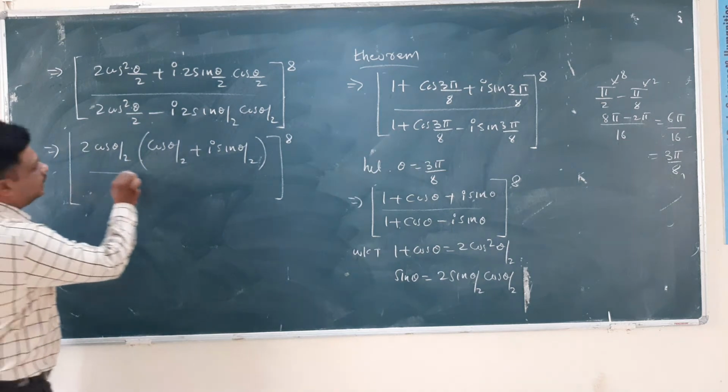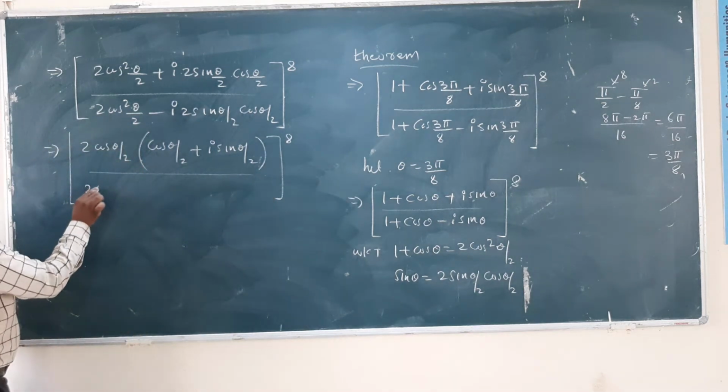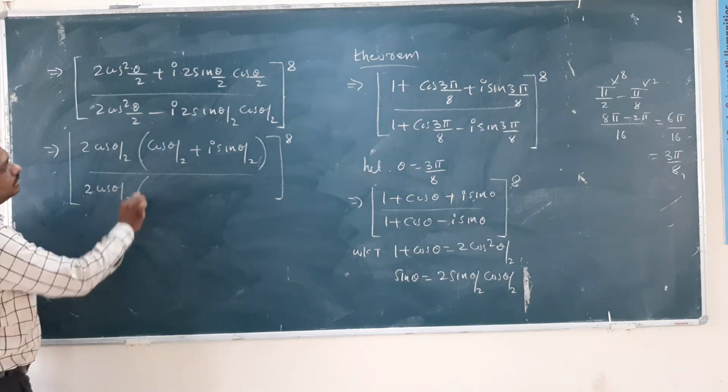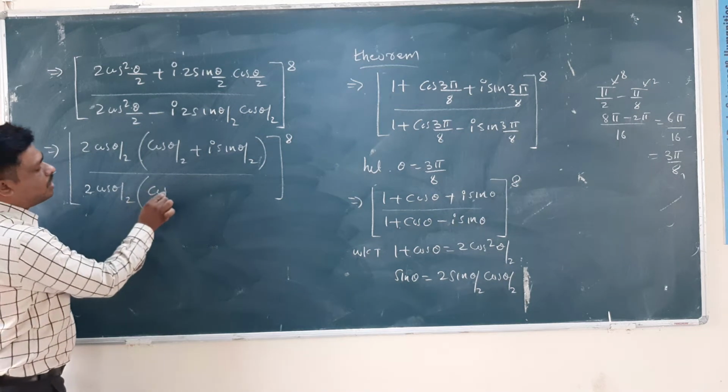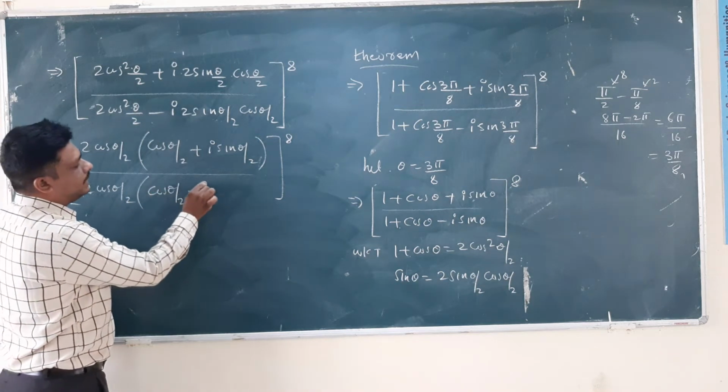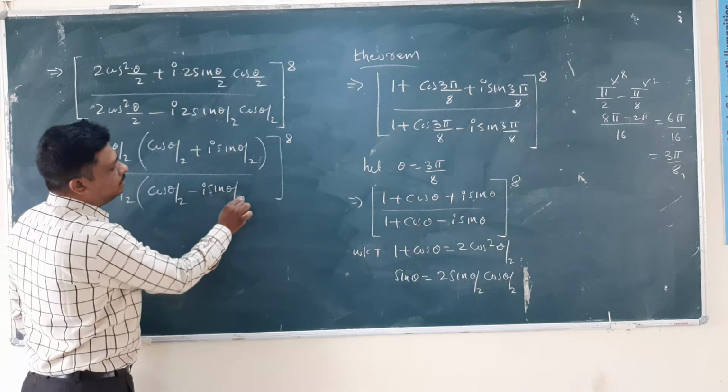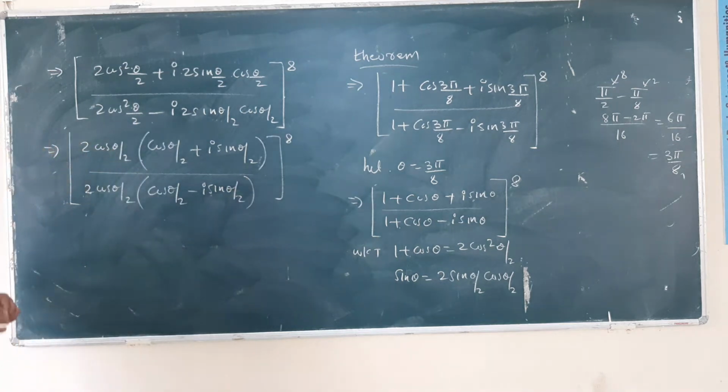In the denominator also 2 cos θ/2 is common, remaining cos θ/2 − i sin θ/2. So here cos and cos get cancelled.